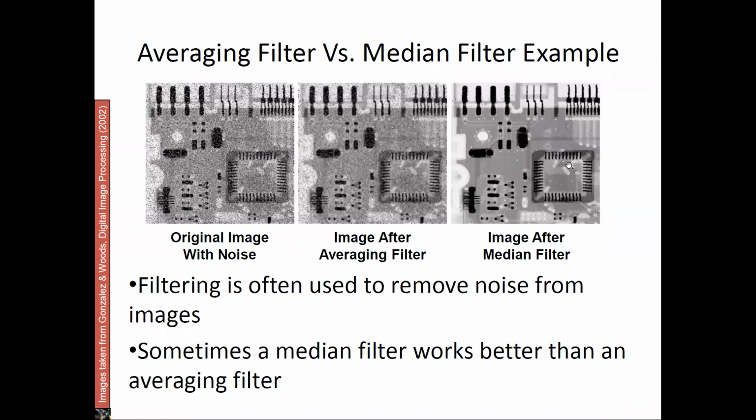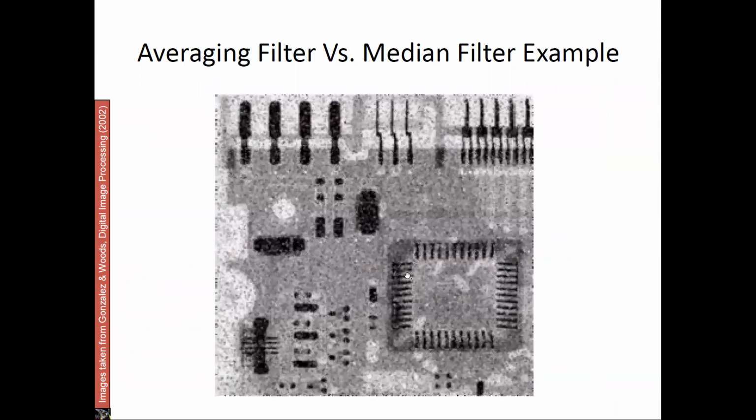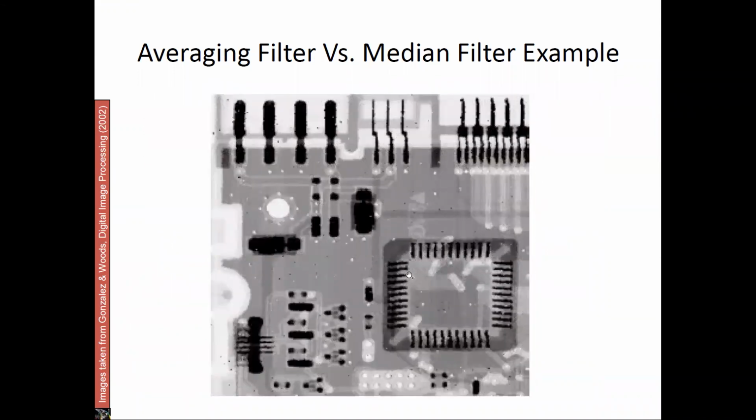Similarly, you can do average filter versus median filter. I have already shown you that the image after the median filter is much better compared to that with the averaging filter, as it generates blotches. This is the average filter and this is the median filter. So this is a much better condition.